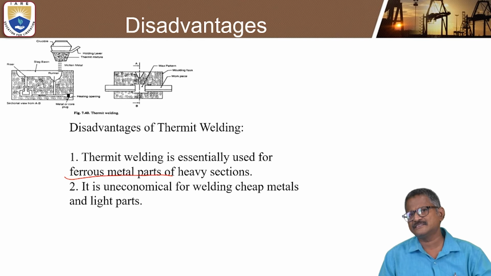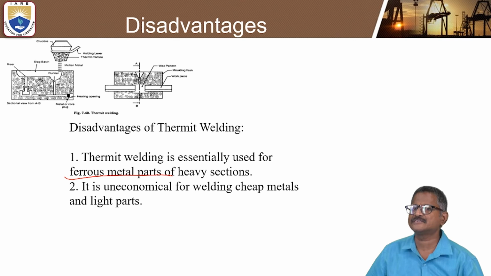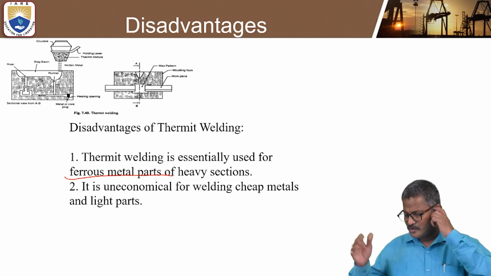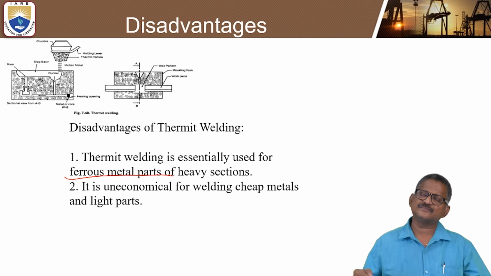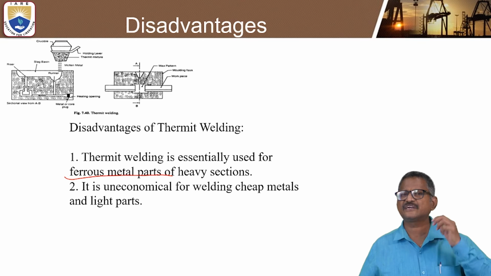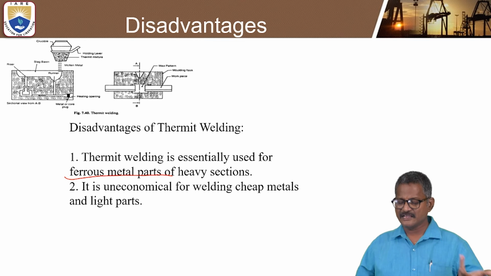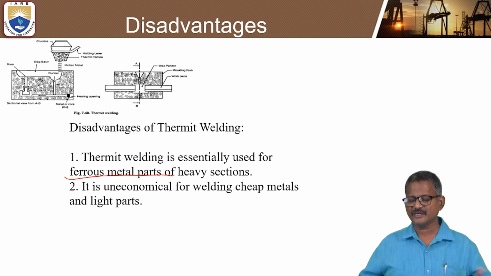Why it is a disadvantage: if it is uneconomical for welding sheet metals and light parts, obviously if any problem arises, you have to redo it, and a couple of trials are required to determine where it will be.